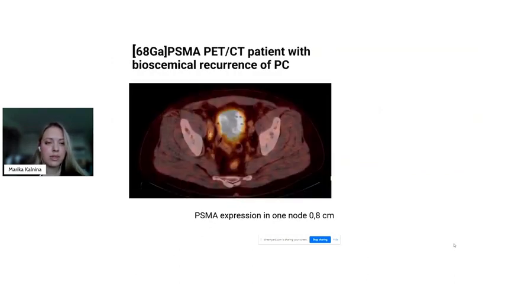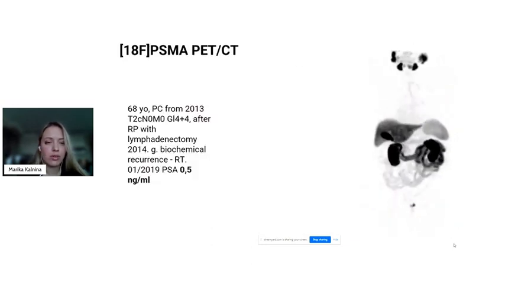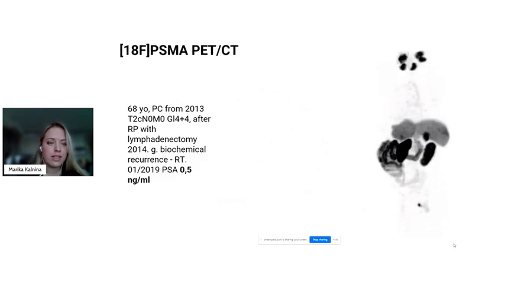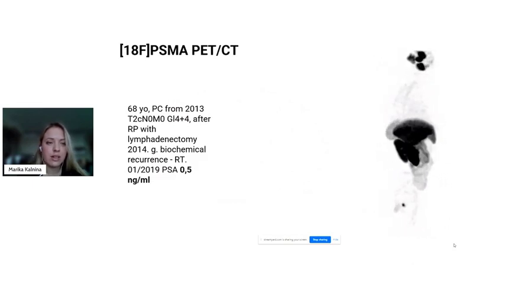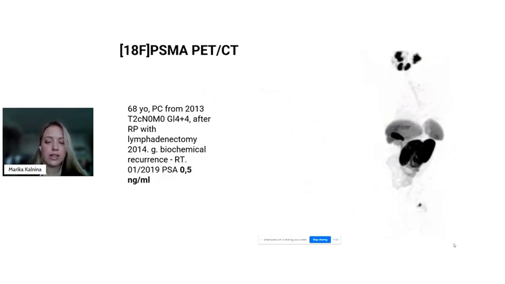There are some cases we saw. This is one with gallium PSMA. This is quite a usual case when we see a small node, less than 1 centimeter, 0.8, and this is a recurrence of prostate cancer in a small lymph node in the pelvis. This is another case already with fluorine 18 PSMA. As you can see, the urinary bladder is not seen.